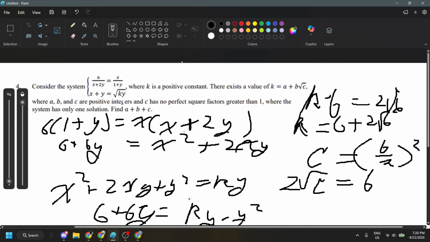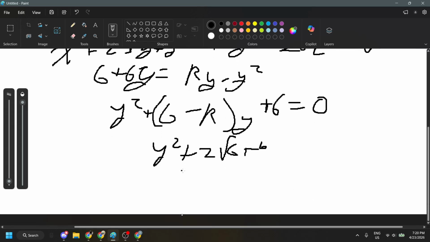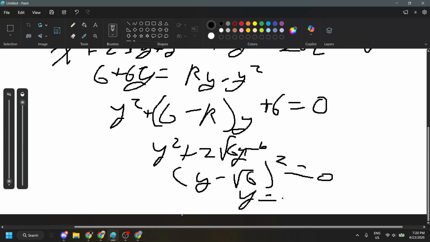Because then, okay, let's say it's that. Then y squared plus 2 root 6 y plus 6, then we factor it: y minus root 6 squared is equal to 0. Y is equal to root 6.